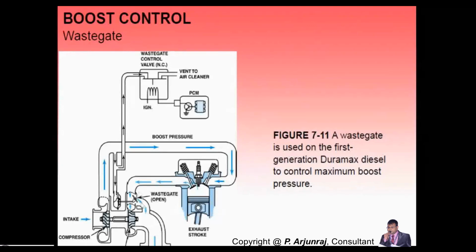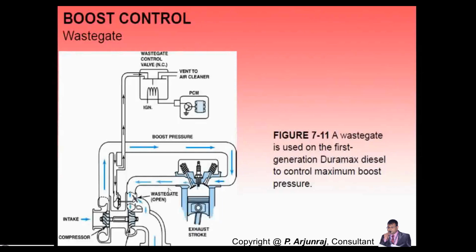So when you go for a wastegate, what happens when you open the wastegate, and what happens when you close the wastegate? You see here you have the valve kind of thing. When you open the valve, the exhaust gas which is coming will go to the turbine and rotate the turbine wheel.